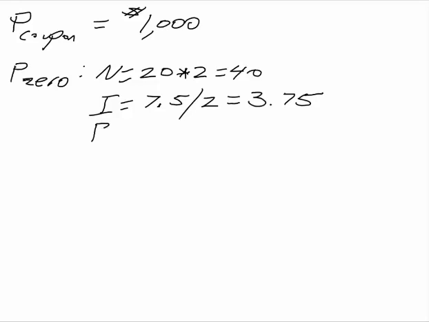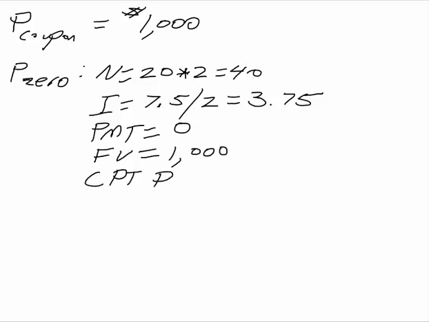Our payment is 0 because this is a 0 coupon bond, and our future value is going to be our face value, which like any bond is $1,000. Then we ask our calculator to compute the present value, and we get $229.34.